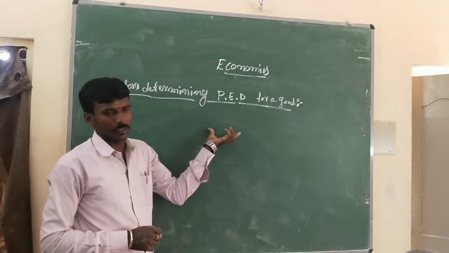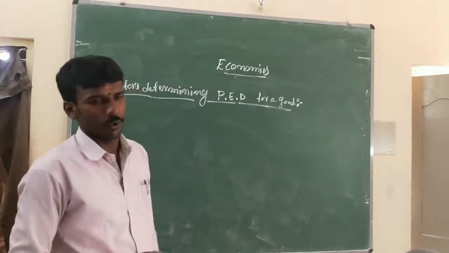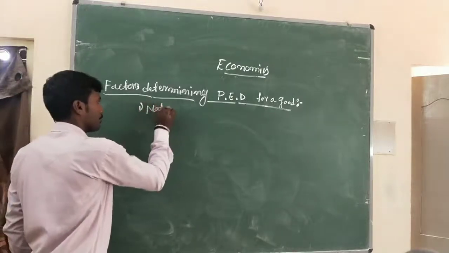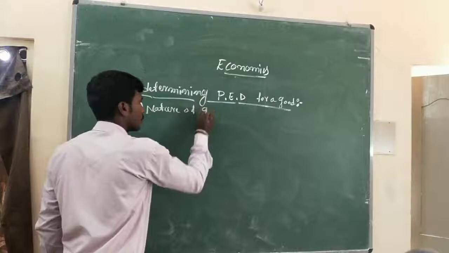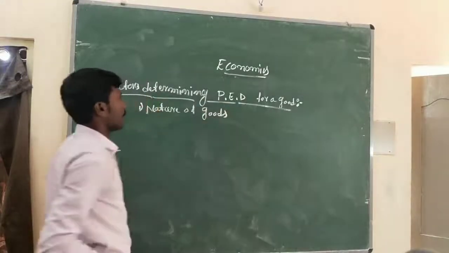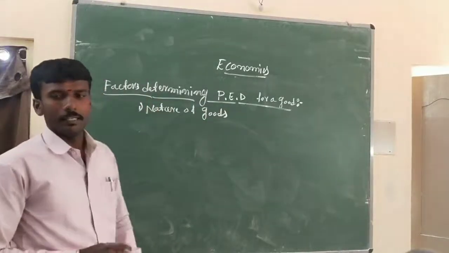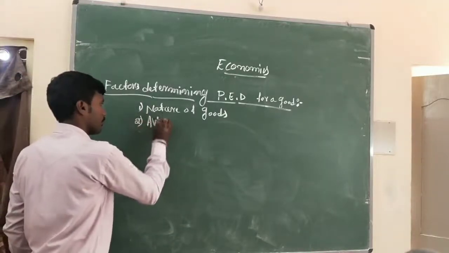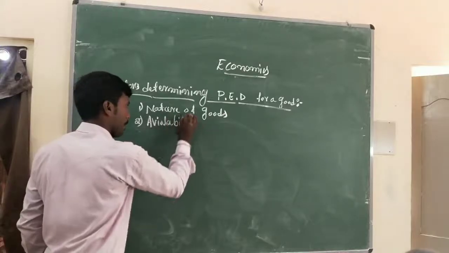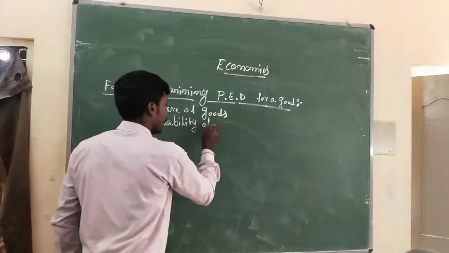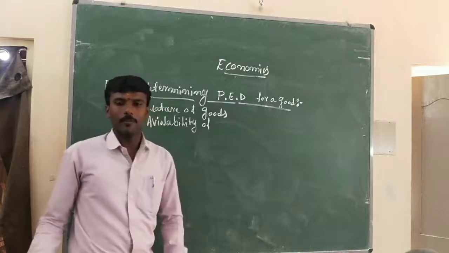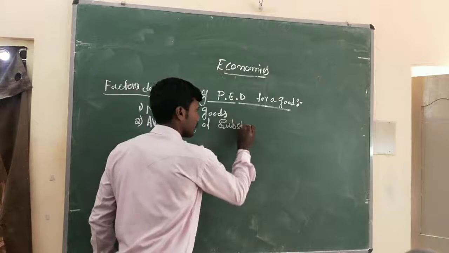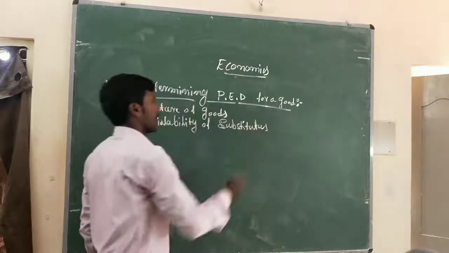Such as, the first factor is nature of goods. The second one is availability of substitutes.